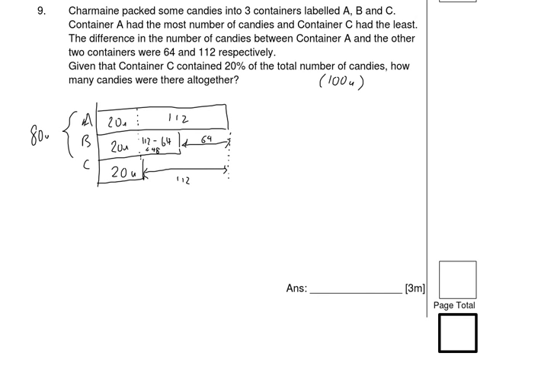And this will be equal to 80 units, right? Correct? Yes? So I know that my 40 units equals to 160, and then 1 unit equals to 4.